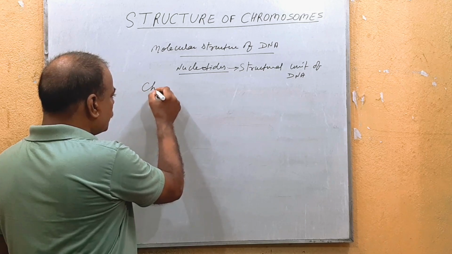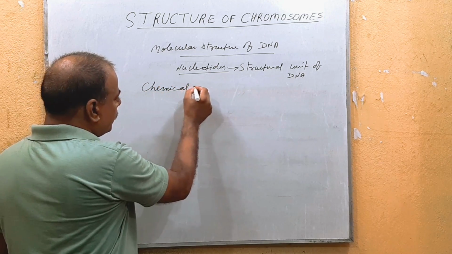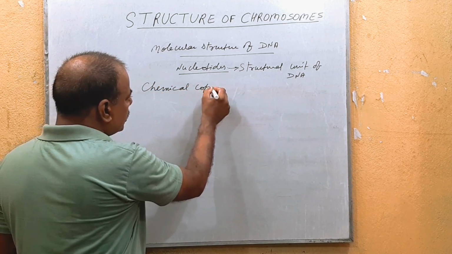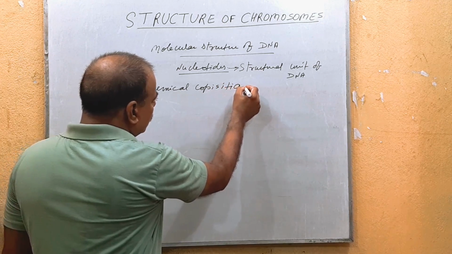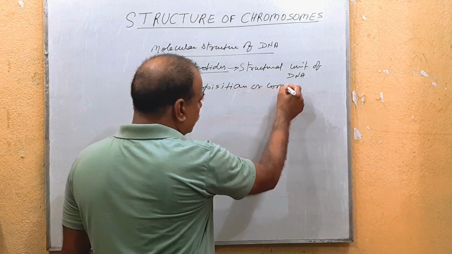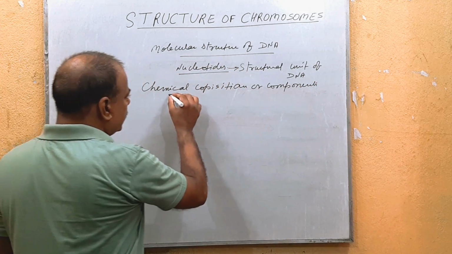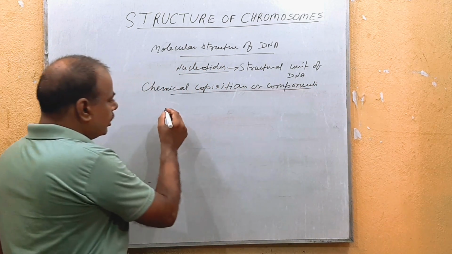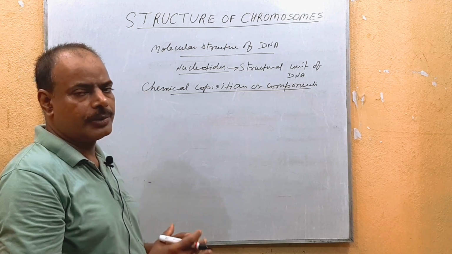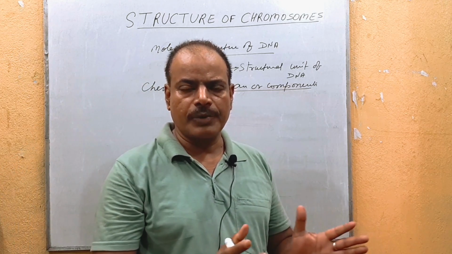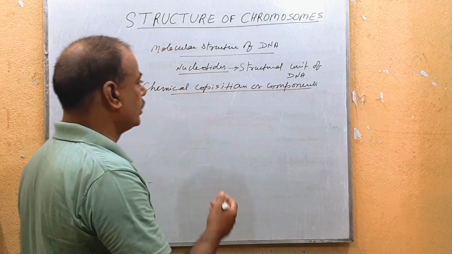Nucleotide chemical composition, or components of DNA. There are three basic or fundamental substances which combine together to form a nucleotide. What are these?